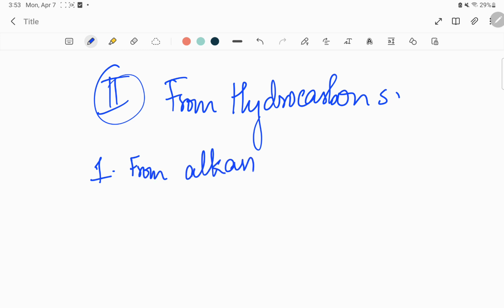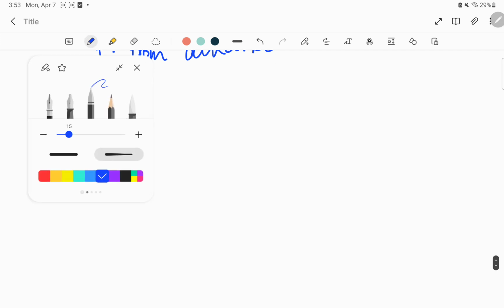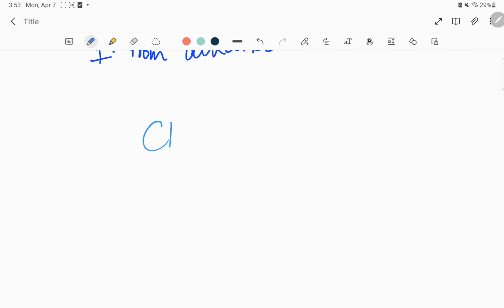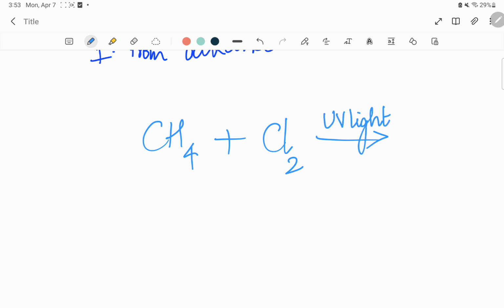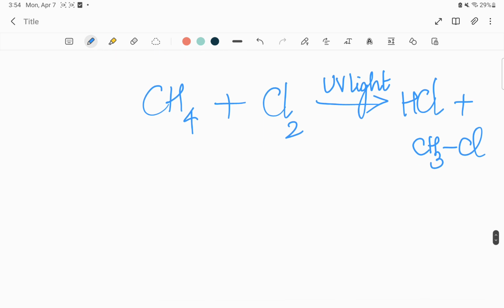So you have studied in grade 10 that if you have an alkane, let's say methane, and if you are adding halogen gas in presence of UV light or sunlight, then you will be able to see that HCl is released and you will get CH3Cl, that is chloromethane. So this is known as free radical substitution, and free radical substitution is used to convert alkanes to haloalkanes.